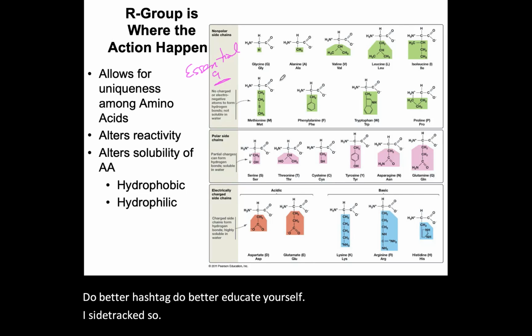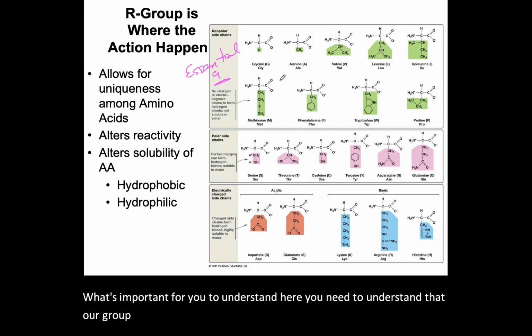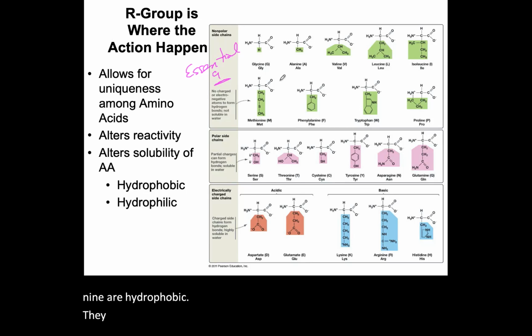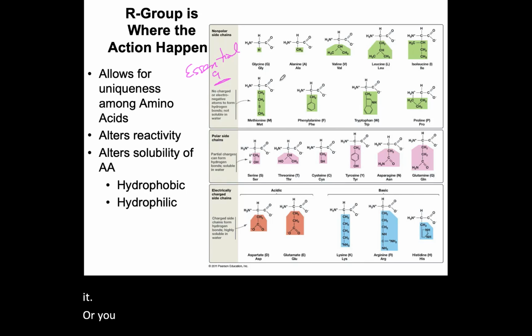So what's important for you to understand here? You need to understand that the R group determines reactivity. You need to understand that the essential 9 are hydrophobic. They do not absorb in water. They do not dissolve in water, and you need to acquire them in your diet, and that diet has to have a level of fat in it, or you will not absorb it.